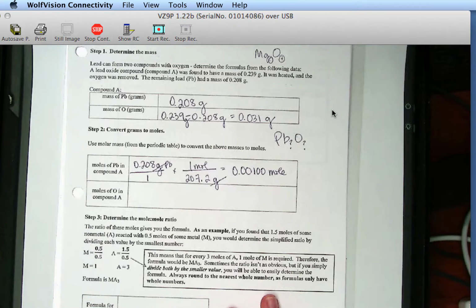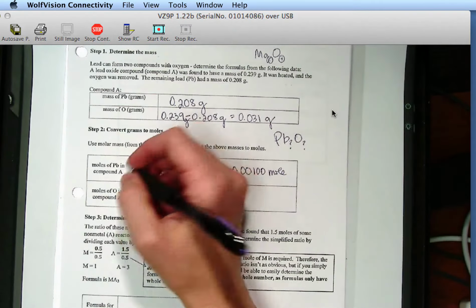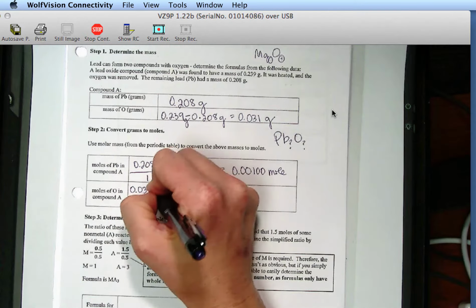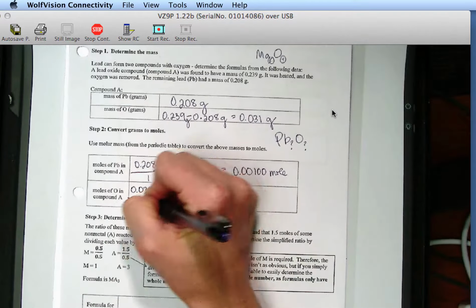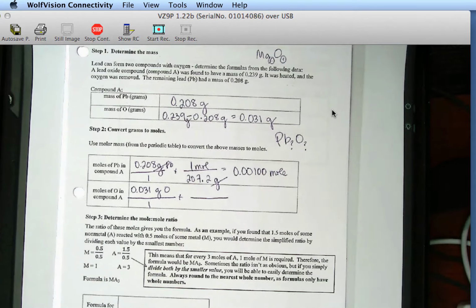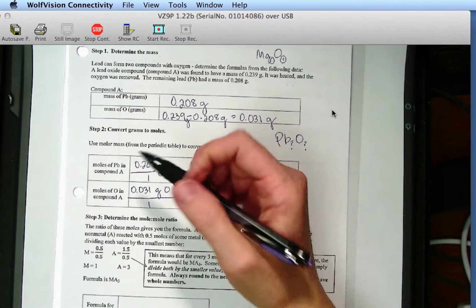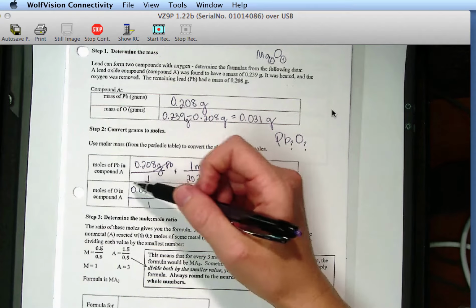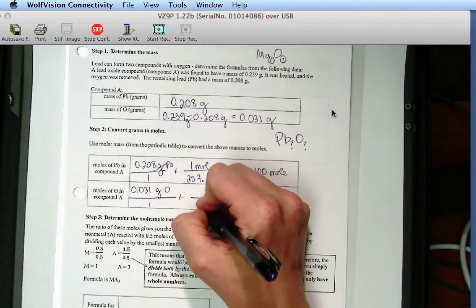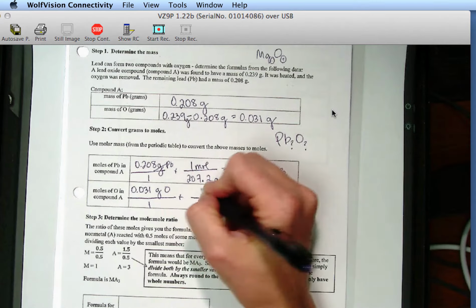And then you're going to do the same for the oxygen. Now you say, oxygen is a Hofbrinkel. You taught us it was a Hofbrinkel. You're just going to use 1 oxygen atom. So the molar mass you're going to use is 16.00 grams.